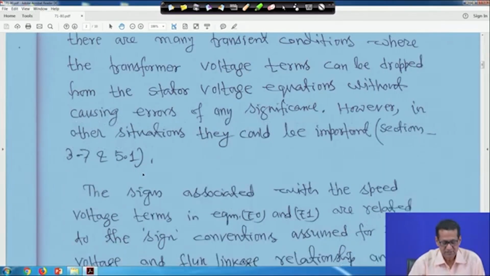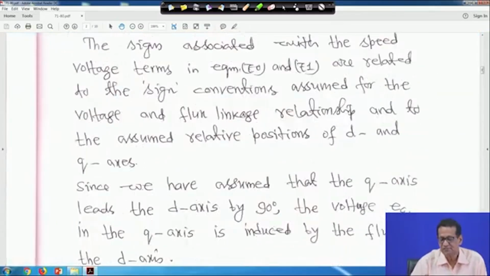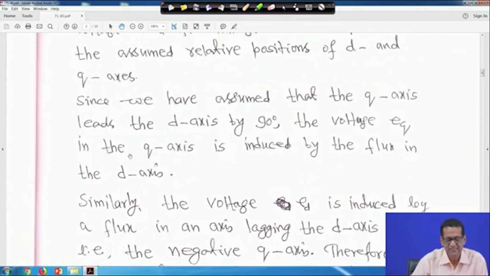Now the signs associated with the speed voltage terms in equations 70 and 71 are related to the sign conventions assumed for the voltage and flux linkage relationship and to the assumed relative position of the d and q axes. We have seen the q axis leading the d axis by 90 degrees. The voltage Eq in the q axis is induced by the flux in the d axis.